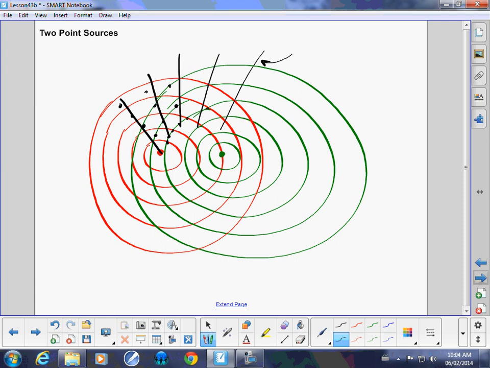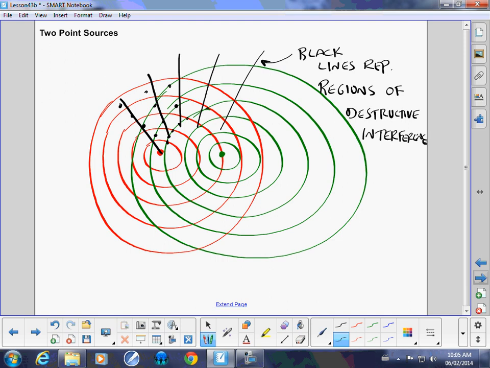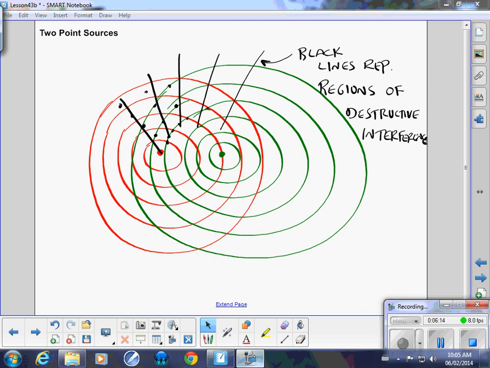And these black lines represent regions of destructive interference. All right, and maybe I'm going to pull up a picture that's a little bit better for those that don't quite remember that.